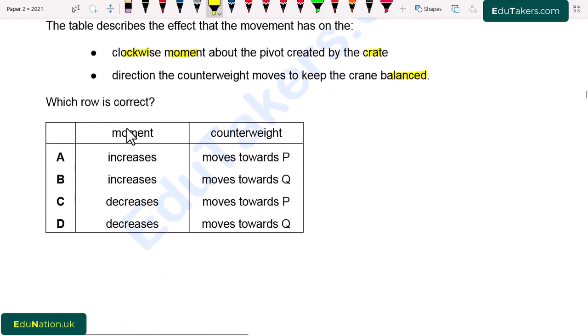So first of all, here is the moment and second is the counterweight. MCQ: A, increases, moves towards P. B, increases, moves towards Q. C, decreases, moves towards P. D, decreases, moves towards Q. So which one of the following is correct here?